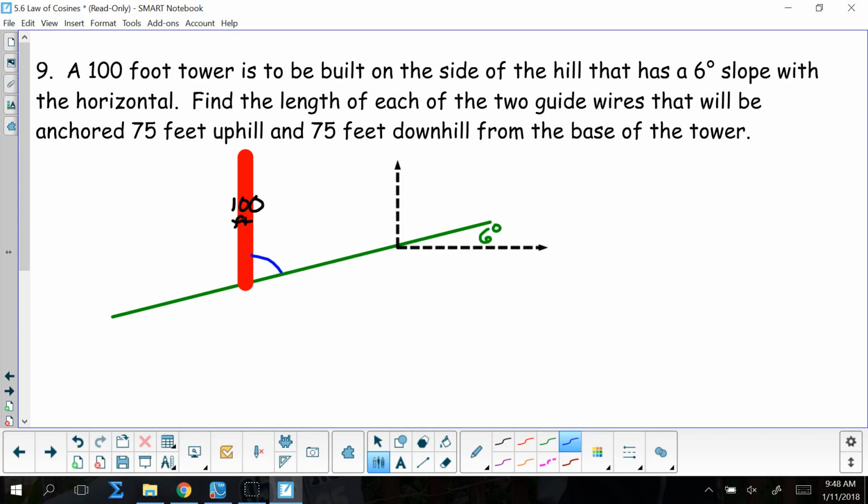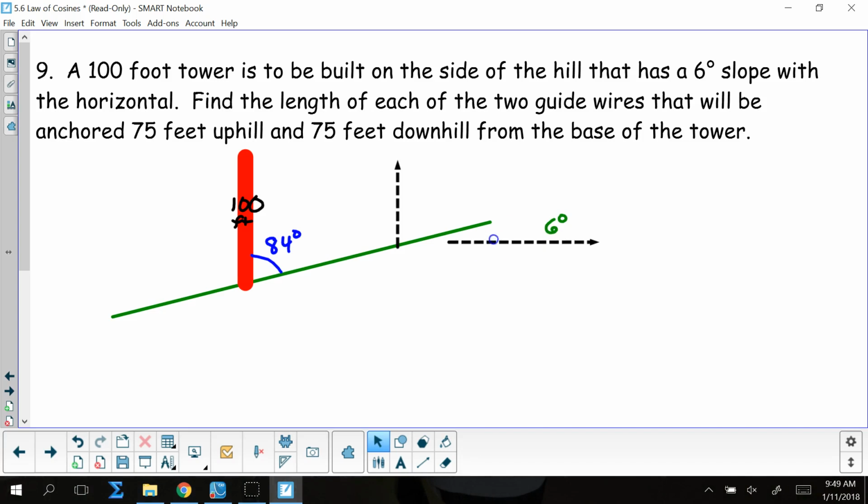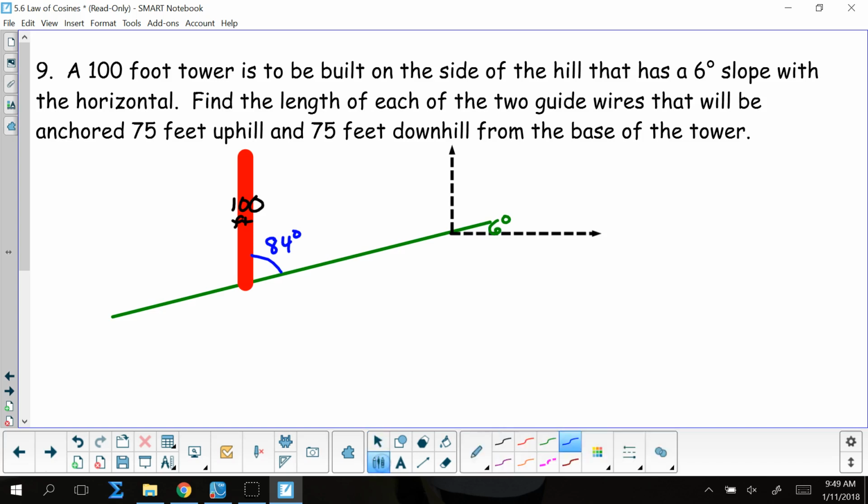It's 84 degrees. If that angle is 84 degrees, what is that angle? 96.